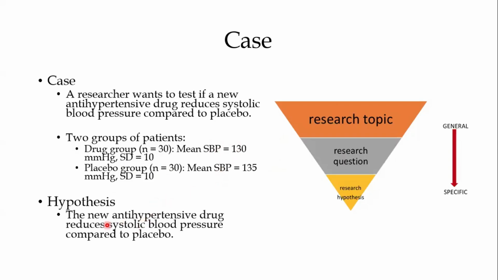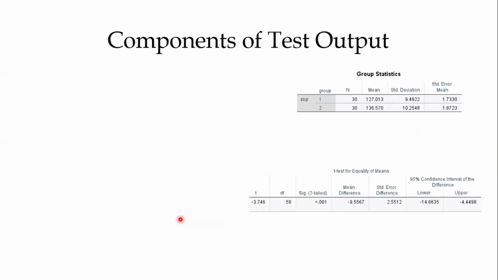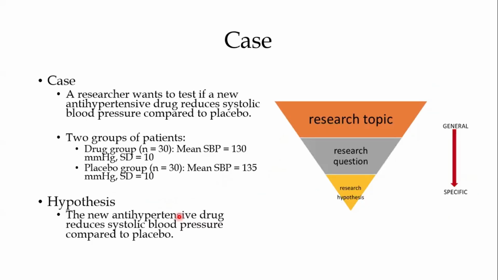Our hypothesis initially was that the new drug reduces the systolic blood pressure compared to placebo. Our null hypothesis was that there is no significant difference in the mean systolic blood pressure of those taking the new drug vis-a-vis those who are taking the placebo. That was our null hypothesis.